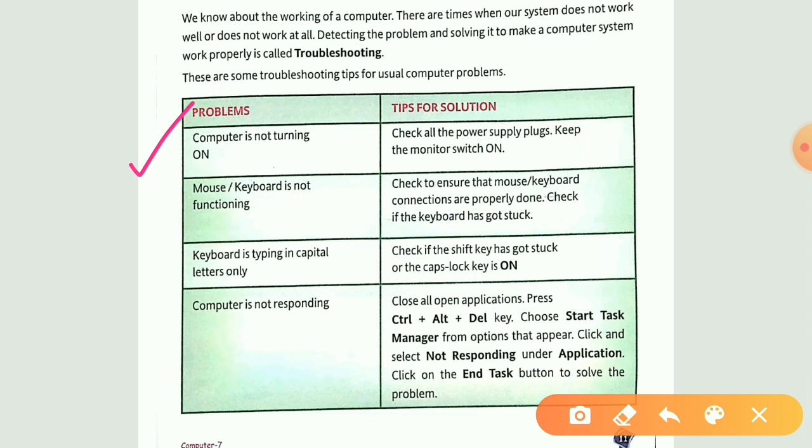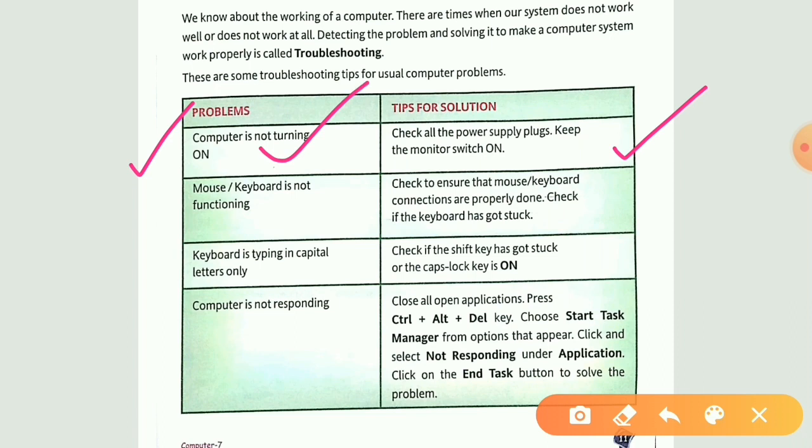Check all the power supply plugs, keep the monitor switched on. You might have a small button on your monitor, and it might be off, so try to turn that switch on. Or the power supply may not be proper, or the plugs may not be properly inserted. You might look for such solutions if you encounter this problem.